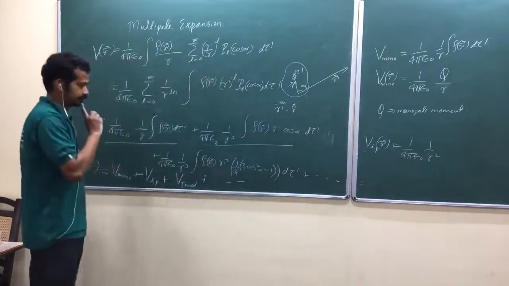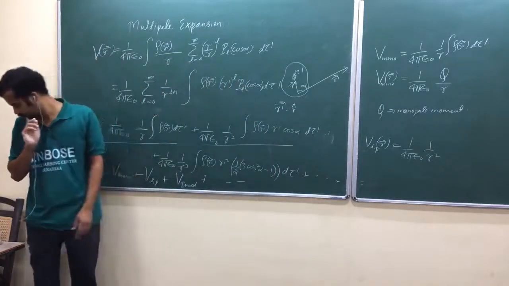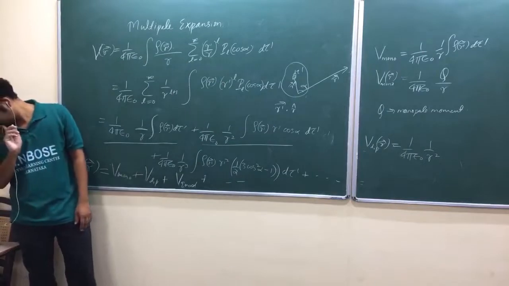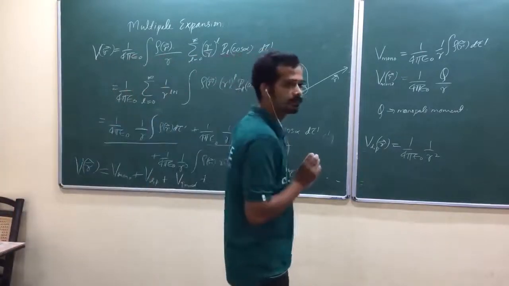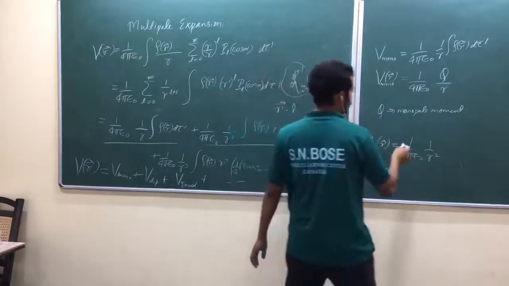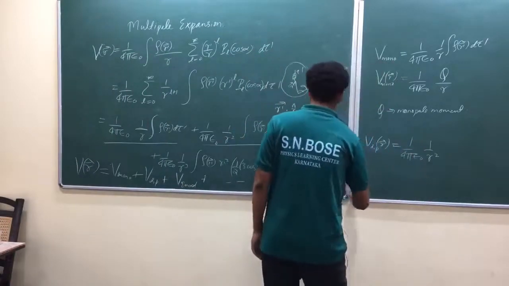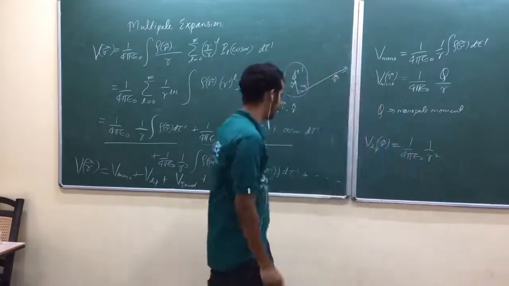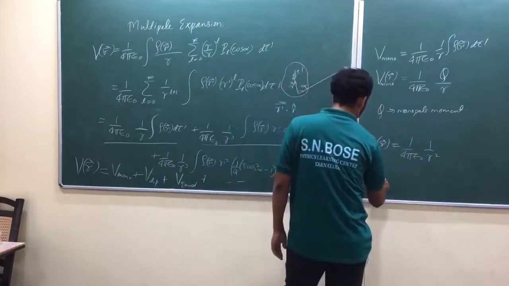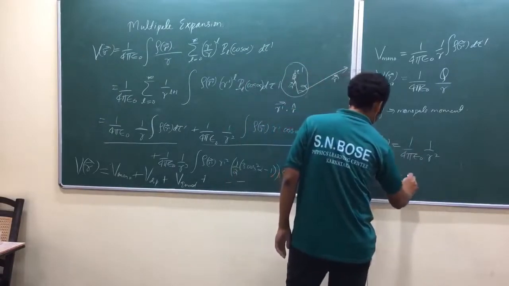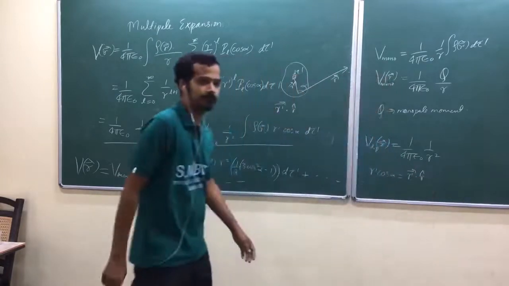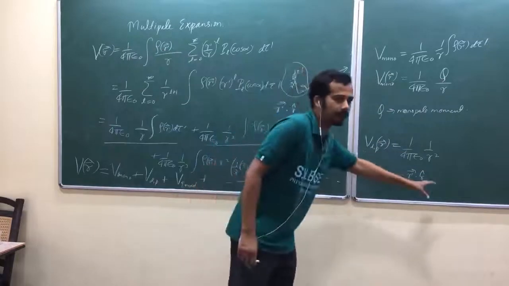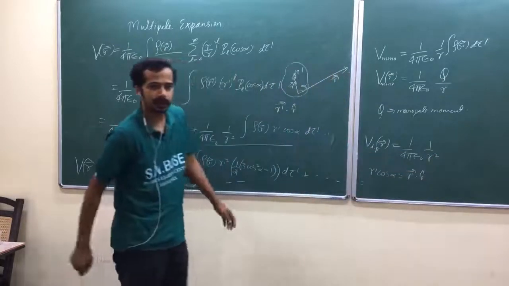Wait a second. That's correct. Is that okay? Can I write like this? So now what I write here is again R prime cos alpha. We are going to write it as R prime vector dot product with R cap: mod of R prime, mod of R cap, into the cosine of the angle between them.